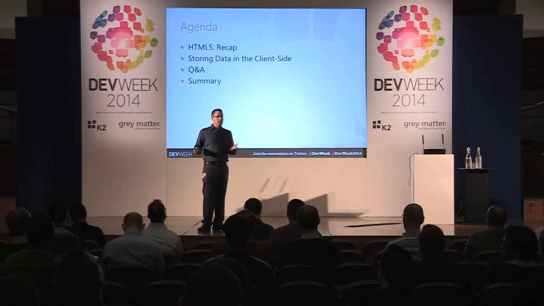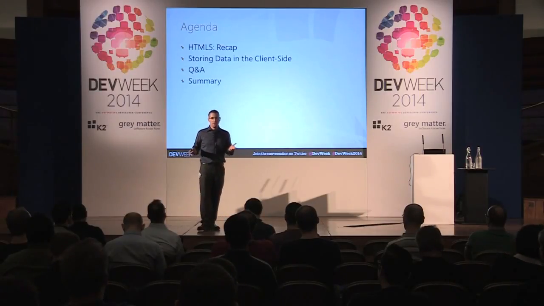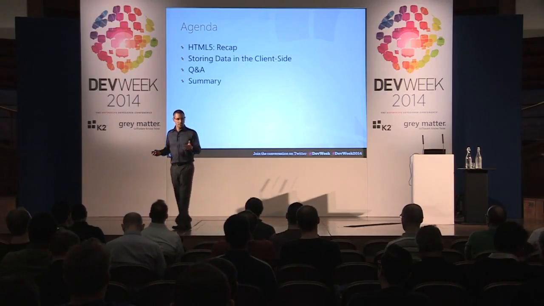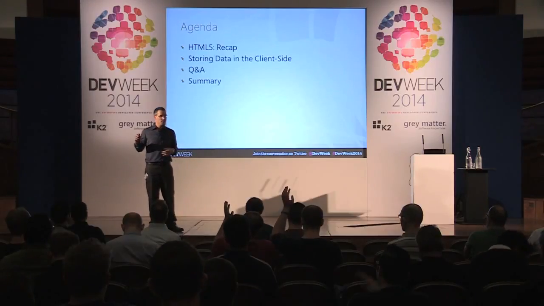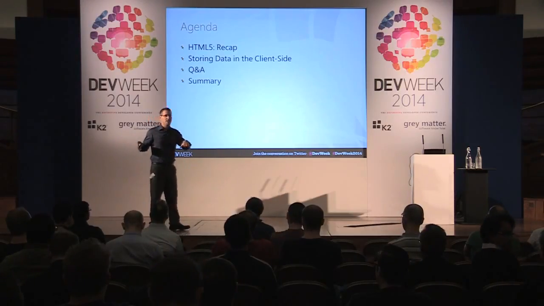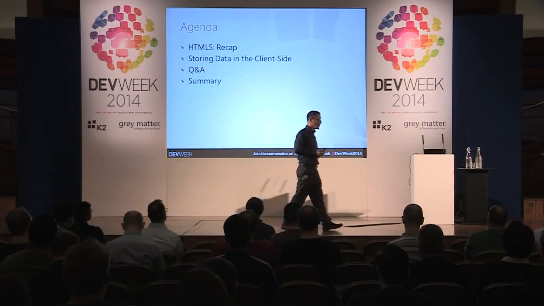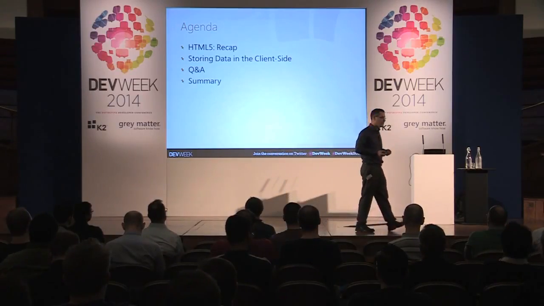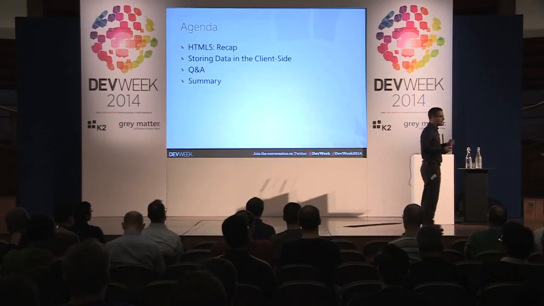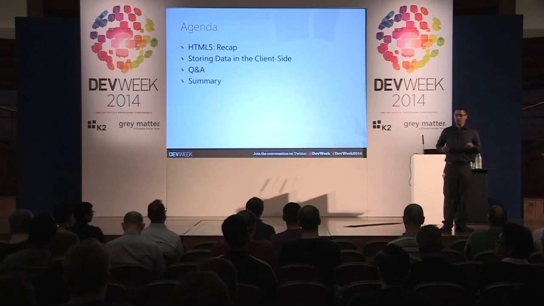What we are going to do here is first a recap. Who attended my yesterday's session? If you attended, you probably know what I'm going to talk about in the recap, but I will do it very fast in order to get to the main thing. The main thing, we are going to build an app.